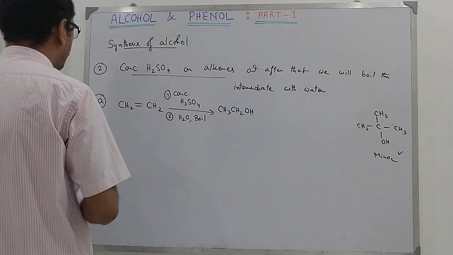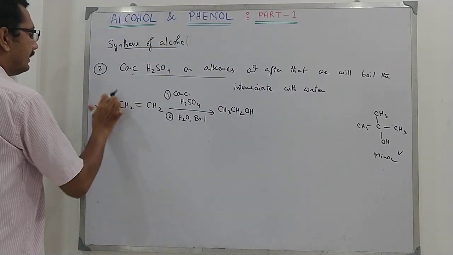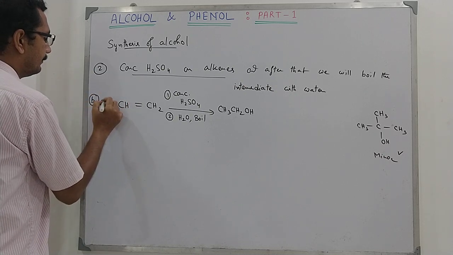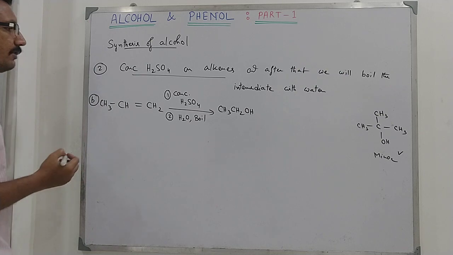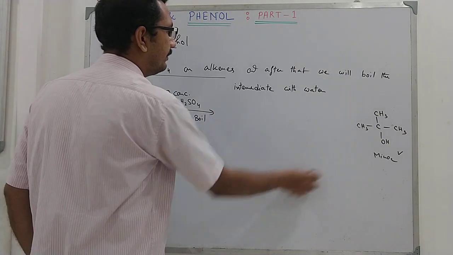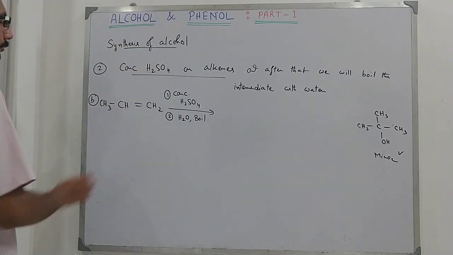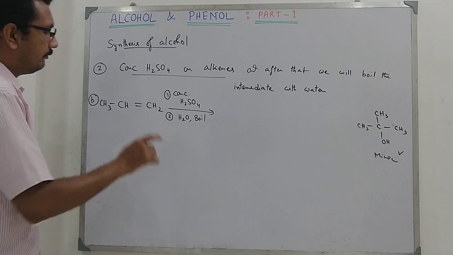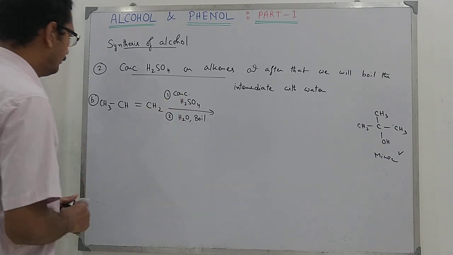Now we take the simplest asymmetric alkene, which is propene, CH3 single bond CH double bond CH2. Now we will study what will be the product. We will also treat this propene with concentrated H2SO4, then we will boil it with water.